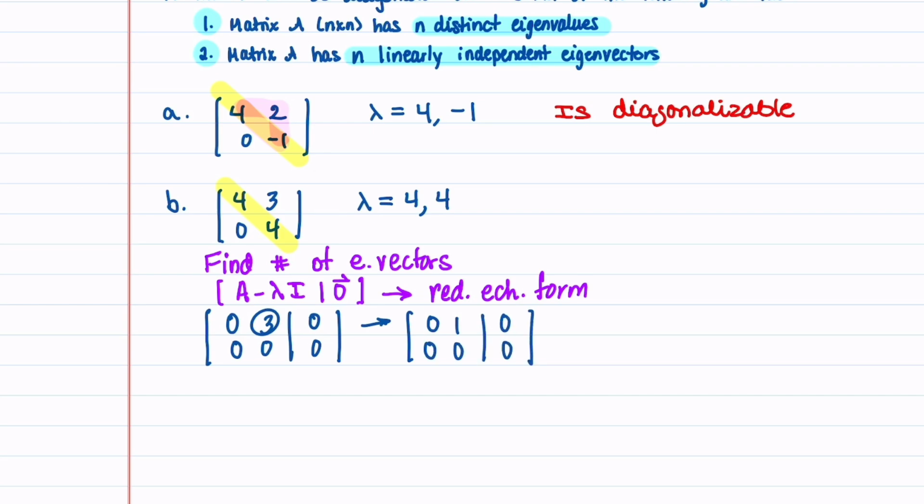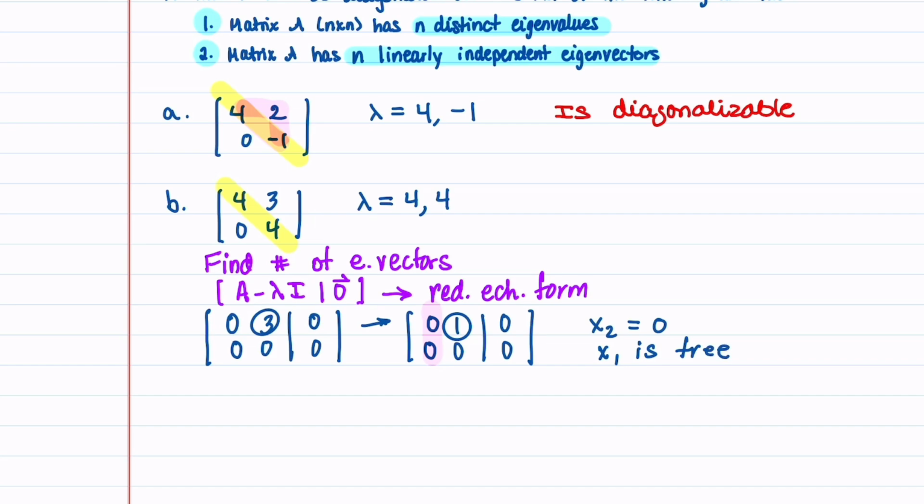And there is our pivot. So this tells us, if we solve for this pivot, that we have x2 is equal to 0. And notice that our first column is missing a pivot, so that tells us that x1 is a free variable.